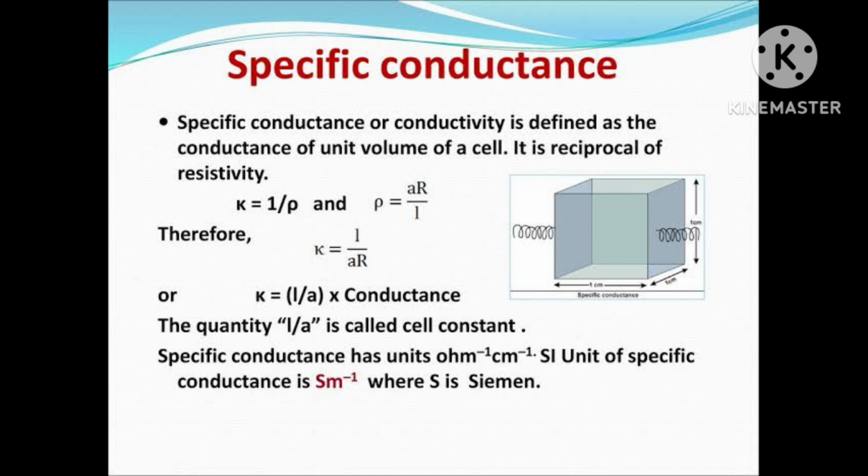The electronic conductance depends on three major factors. What are those things? I am talking about electrical conductors through metals, not solutions.